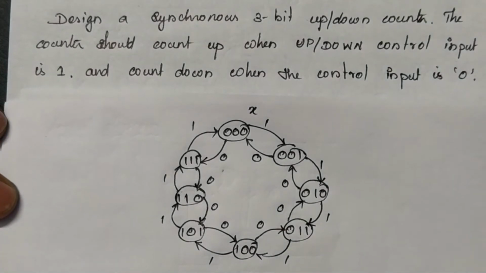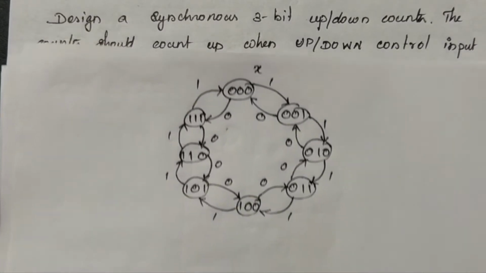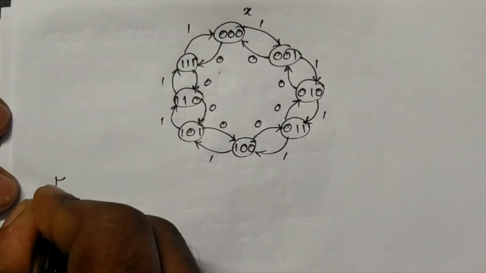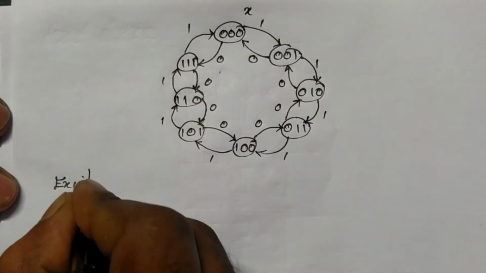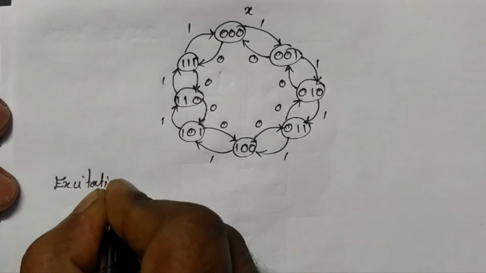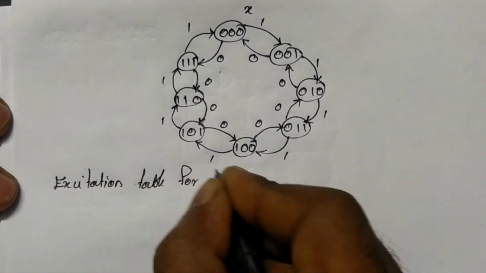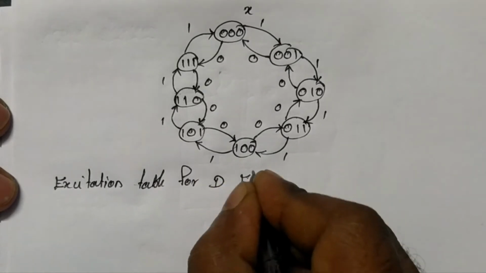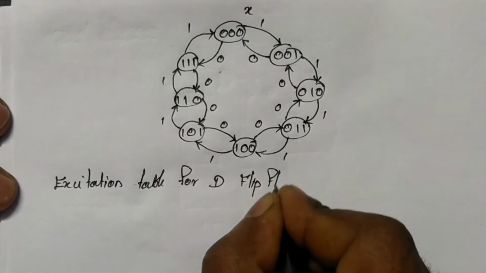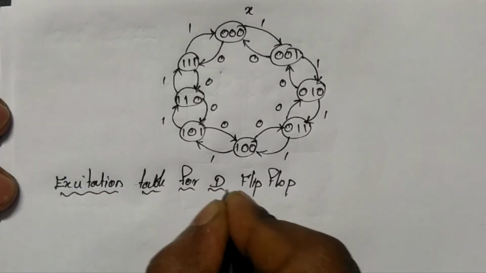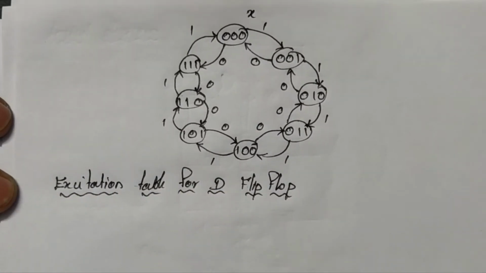Here they have not mentioned any flip-flop, therefore better we can go for D flip-flop. So the excitation table for D flip-flop.